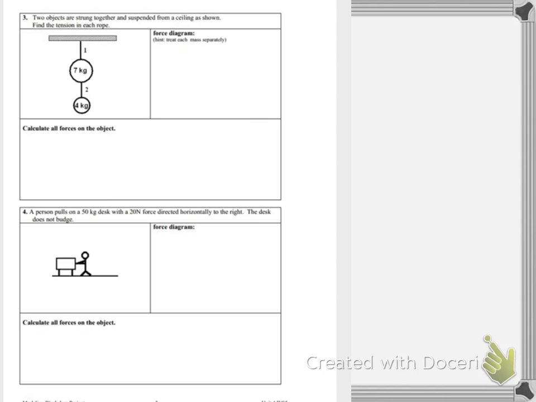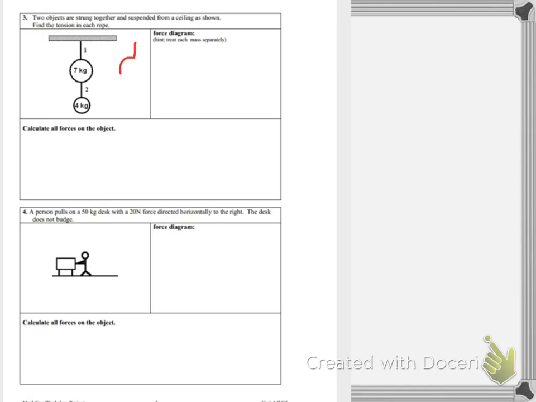So number 3, two objects are strung together. So this situation is a little different, and we can break this problem up a number of ways. The first one, if I want to draw, I want to keep each mass single.